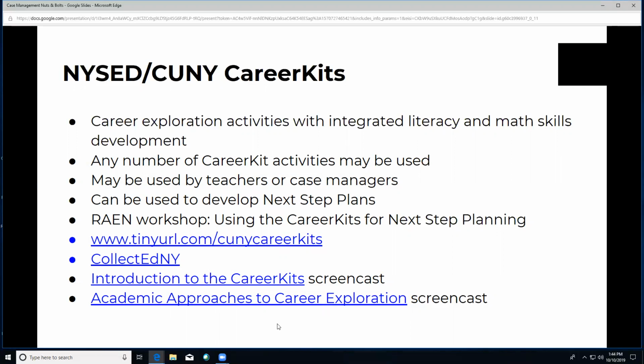They can continue doing all the reading and writing activities that they were doing before, but using content around careers. So that's a career kit. I recommend that you go to the website and do some exploring there. We also have a recommended series of activities in a portfolio project that I'll go through in a few minutes.